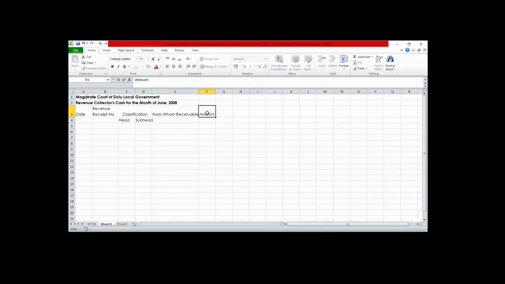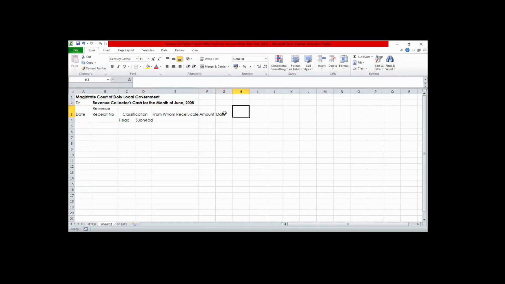Then after that also, amounts, is that not so? Now this happens to be the debit side. Then after the amount, we have another date.